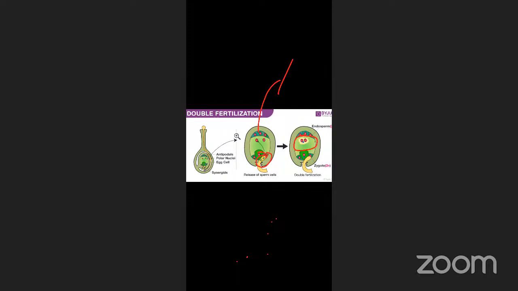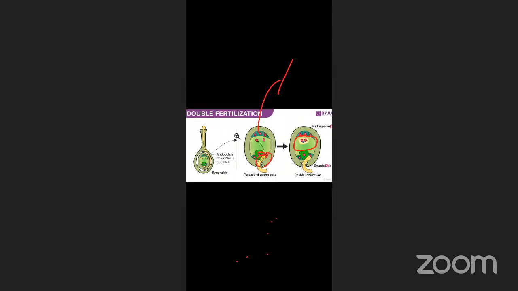First syngamy occurs, and it is followed by triple fusion. But after these two events, the endosperm is formed earlier than the embryo, even though the fertilization takes place second time.